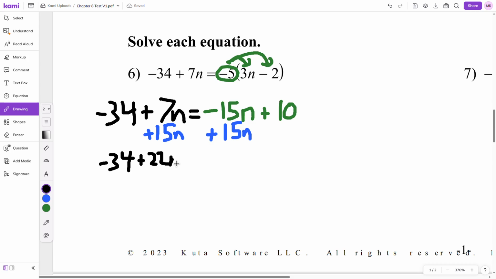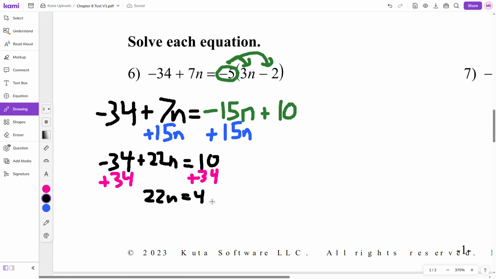That's a 2. And that's going to just equal 10. I'll just keep the same colors. No need to shift. I'll use a different color now so we don't get confused here. So we're going to add 34 to both sides. And that's going to give me 22n equals 44.